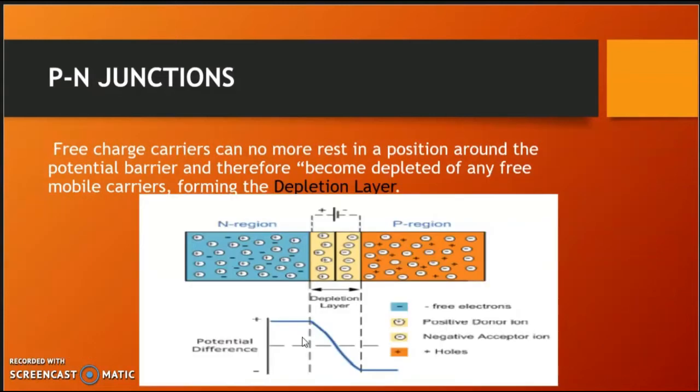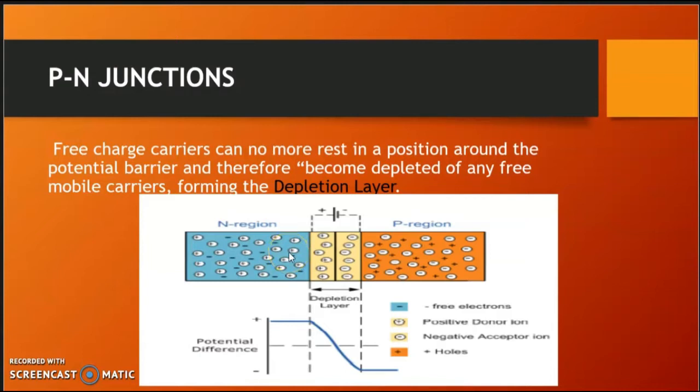So this is a diagram to represent that. Free charge carriers can no more rest in position around the potential barrier and therefore become depleted of any free mobile carrier, forming the depletion layer.